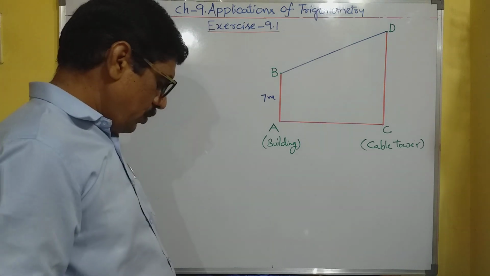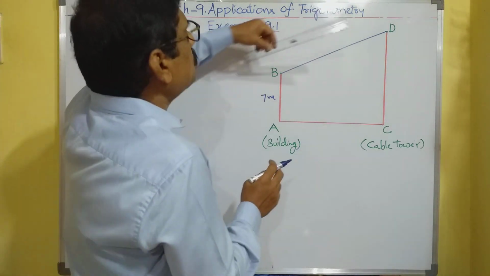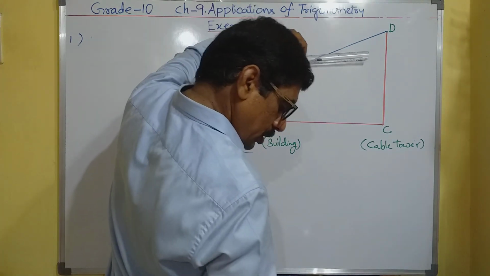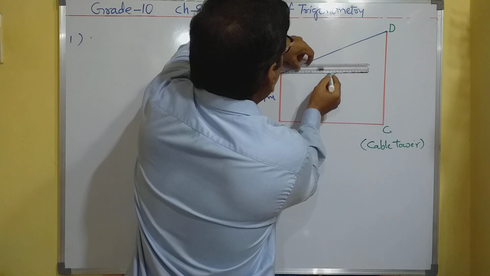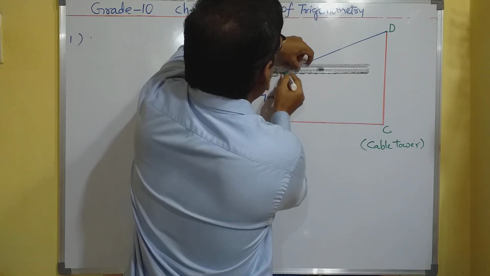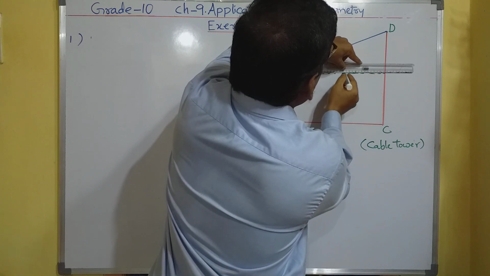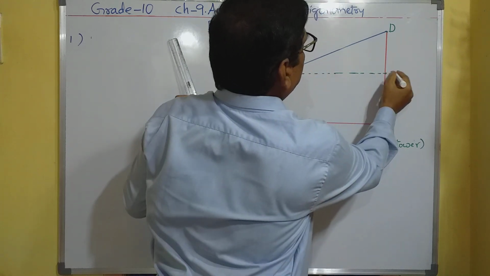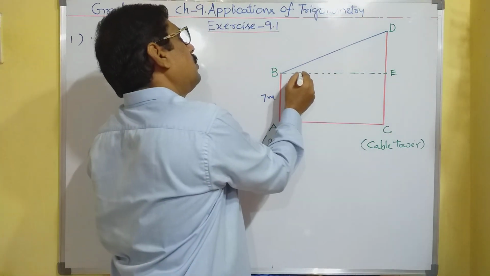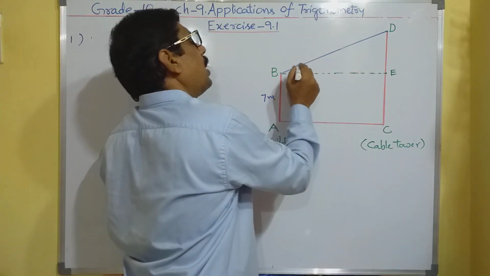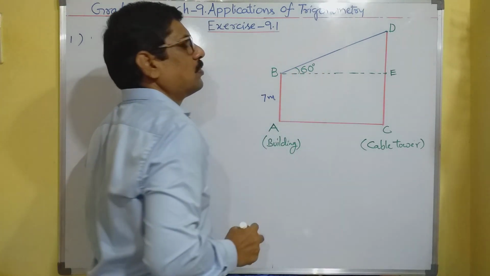If you look straight towards this, you can see this point, but from this he looks upwards. This is the horizontal line, so this angle is given 60 degrees.